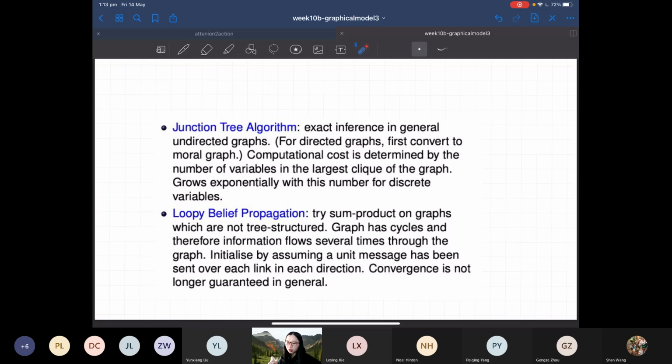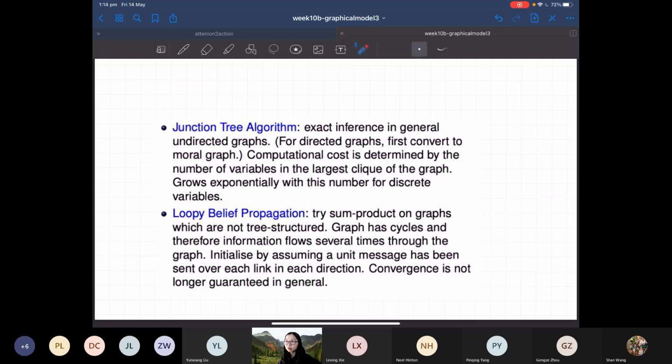So what it does, cast in factor graph terms, is convert the directed graph to an undirected graph, and then create a factor for each clique in the graph, right? So the complexity naturally grows exponentially with the size of the largest clique.